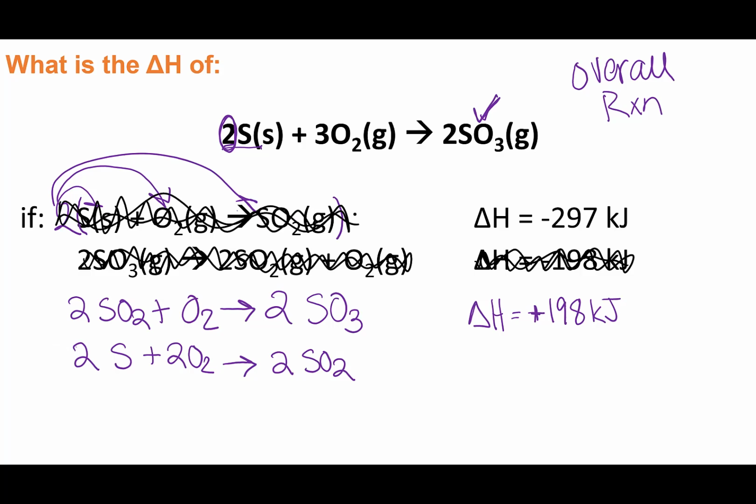Anytime I manipulate a chemical reaction, the enthalpy is going to have to reflect that change. So if I multiplied by a coefficient of 2, I also have to multiply the enthalpy by 2. So the enthalpy change for the reaction at the bottom is negative 297 times 2.